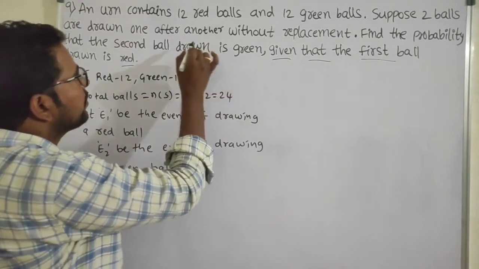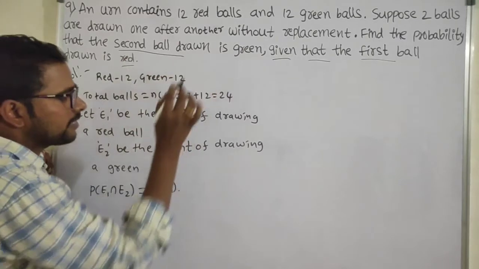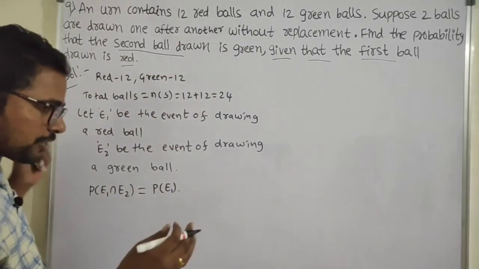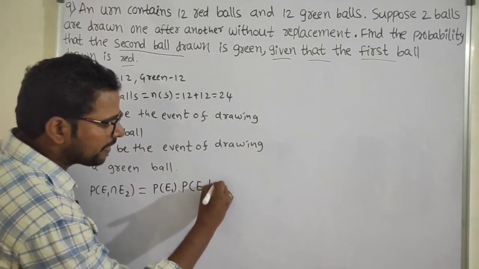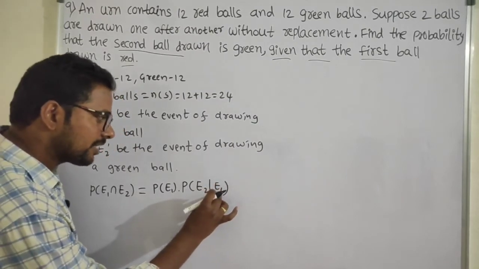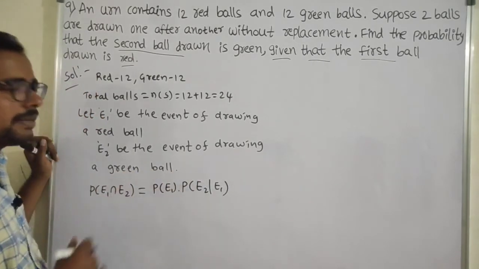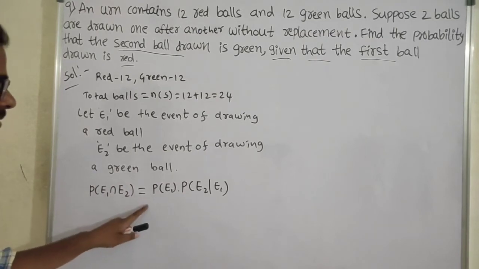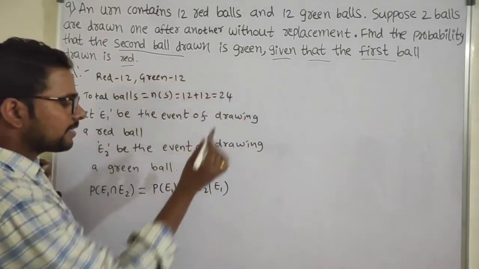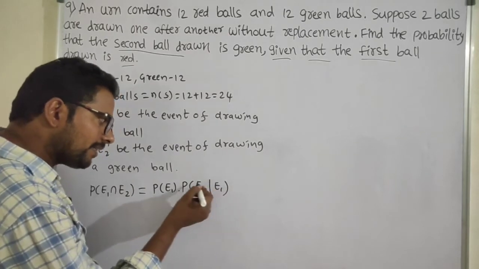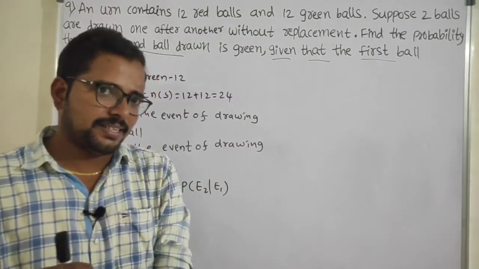Next, the second ball should be green. After selecting the first ball, the green ball is P of E2 divides E1, that is, after selecting red first, the green ball. By using the multiplication theorem, P of E1 intersection E2 is equal to P of E1 into P of E2 divides E1. Without replacement here means the selected ball is kept aside and not put back.